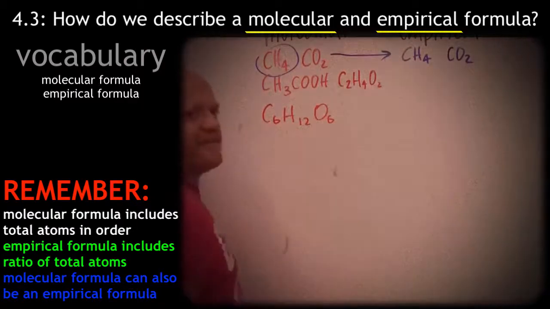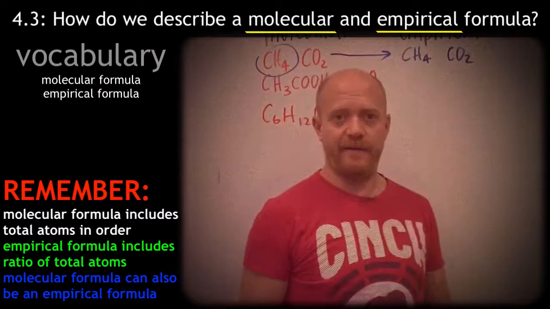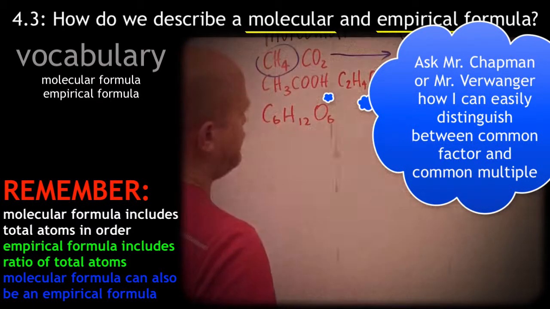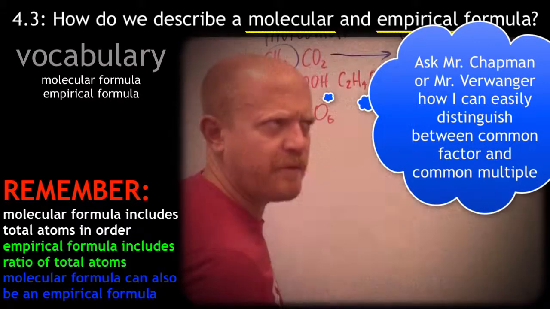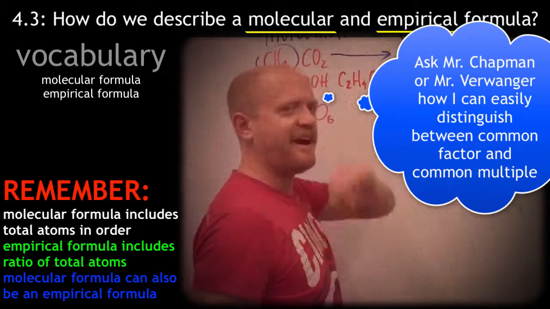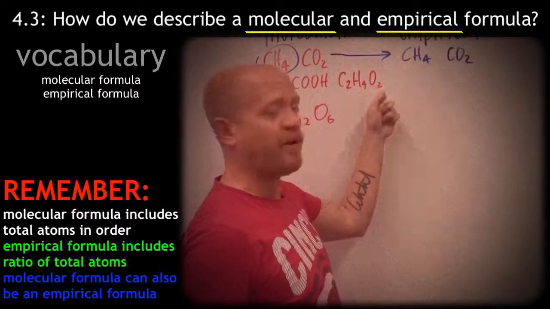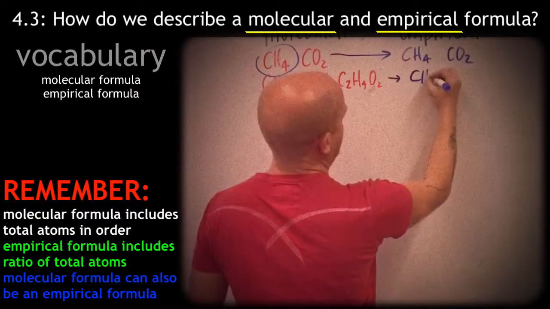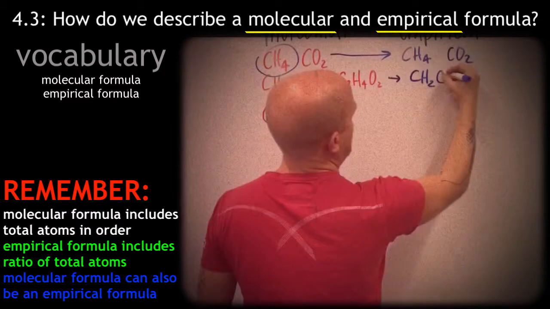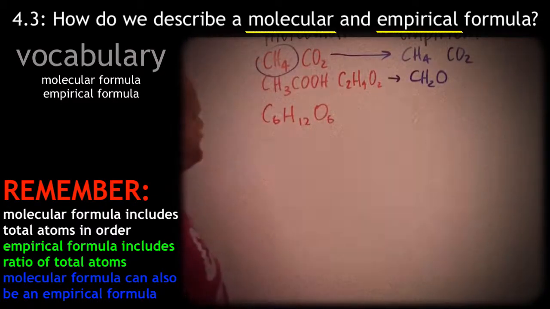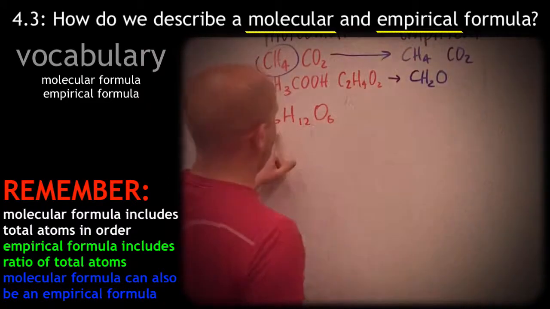Because these are all even numbers, I can divide by one common factor. The greatest common factor of C2H4O2 gives CH2O.